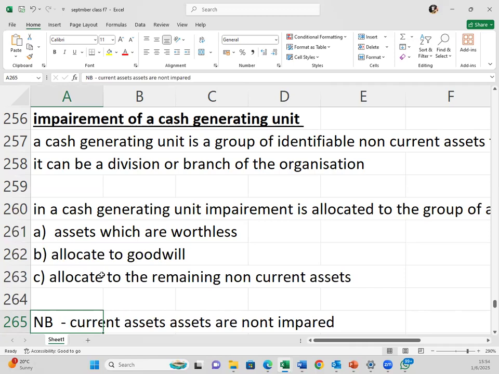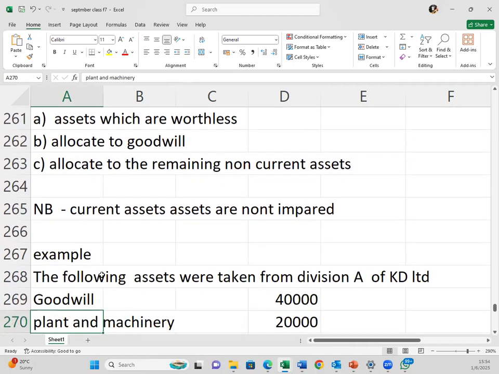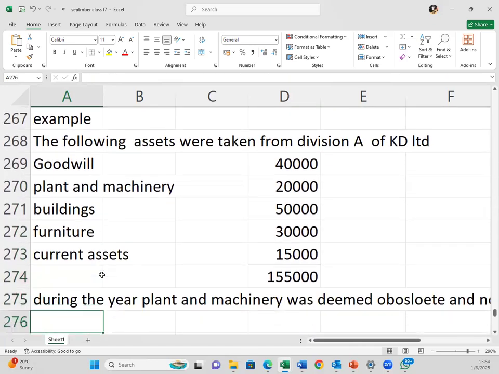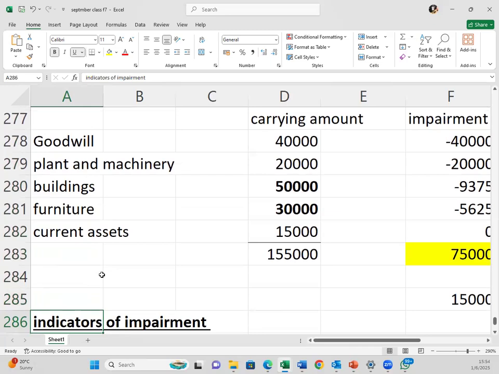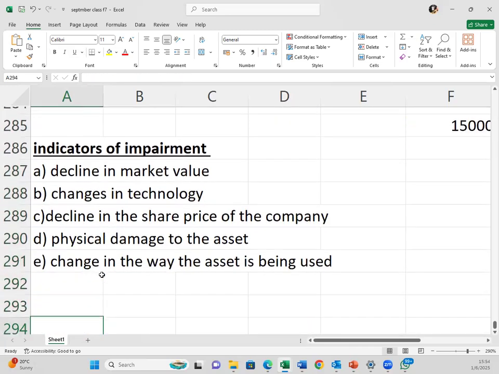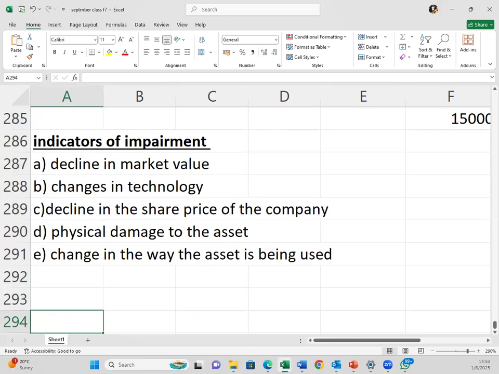Remember, current assets are not impaired. So if they are current assets, we said these are not to be given a share of impairment loss. We did look at this, and I can't maybe spend time on that again.